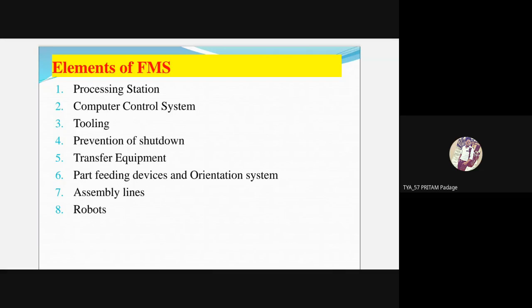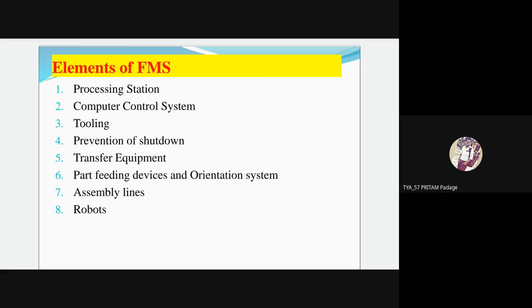As you are the programmer, you have been recruited as a programmer in this. And this is also another role, to create the program, to create the design, to create the drawing. Orientation system is also there. These are also elements of the FMS.